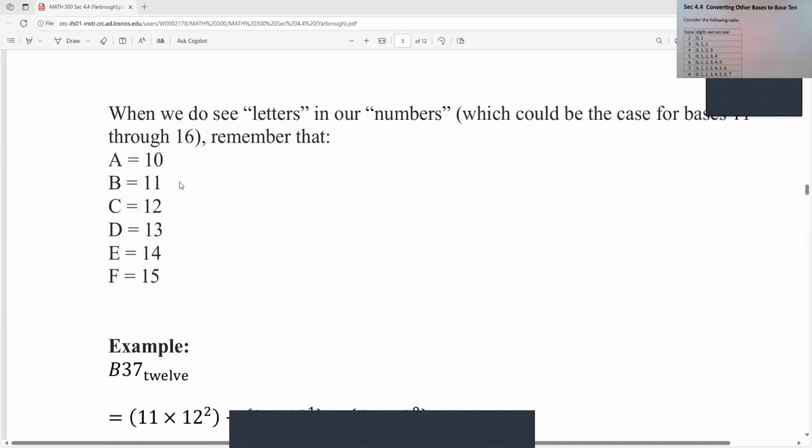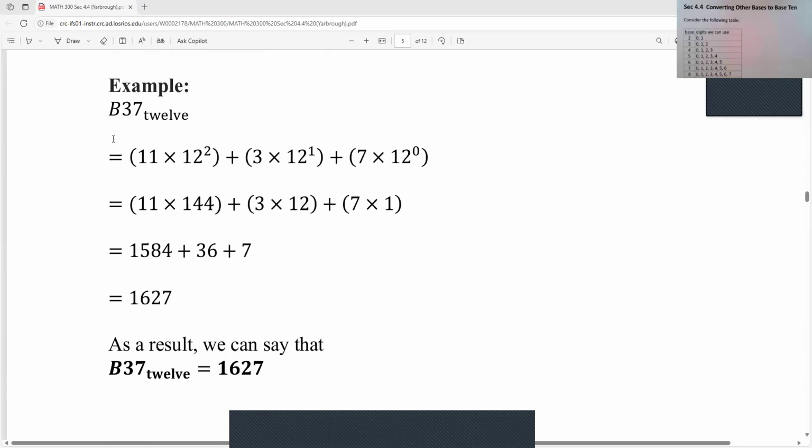So when we see that B right there, that represents 11 sets of 12 to the second power. That's 11 sets of 144, which is 1,584. That's 3 sets of 12, which is 36. And that's 7 sets of 1, which is 7. If you add those numbers up, you get 1627.